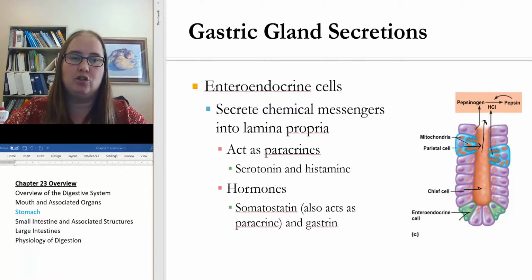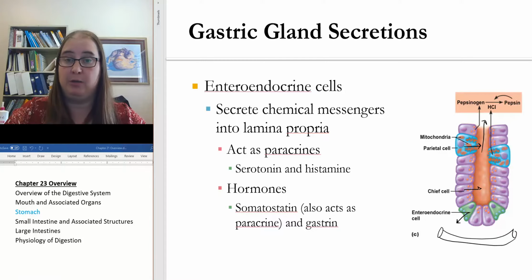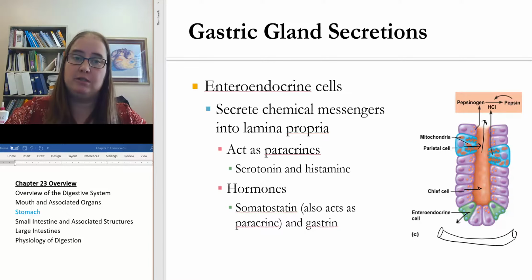Enteroendocrine cells secrete out into the lamina propria, where typically there's a blood supply. These chemical messengers will enter the blood supply and then be able to transmit signals to other parts of the digestive system. So enteroendocrine cells secrete substances such as serotonin and histamines.